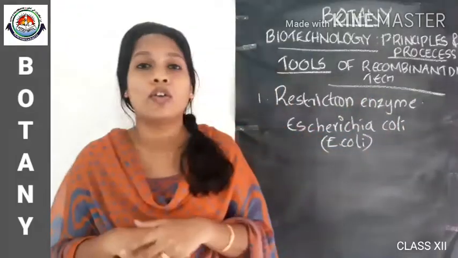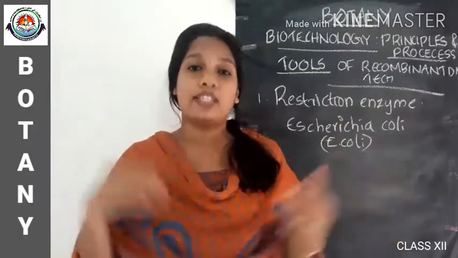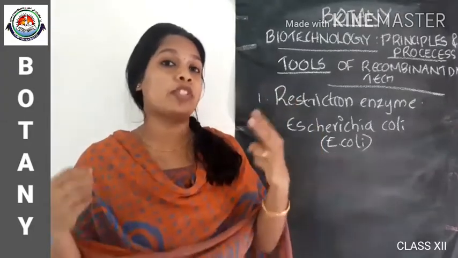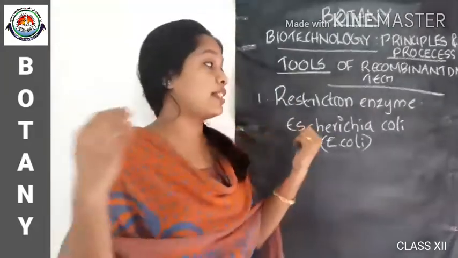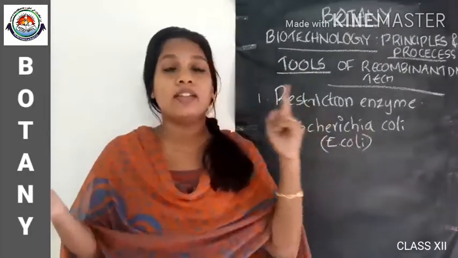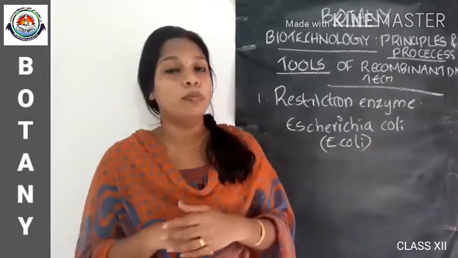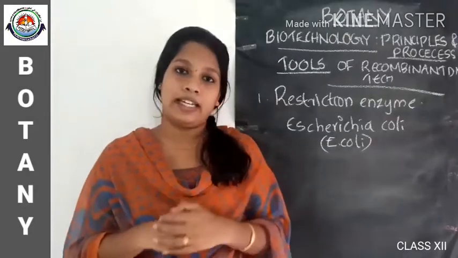What is a bacteriophage? A virus that parasitizes a bacterium is called a bacteriophage. So two enzymes were isolated which are responsible for restricting the growth of bacteriophage in E. coli. The first enzyme will add a methyl group to the DNA, and the second enzyme will cut the DNA.